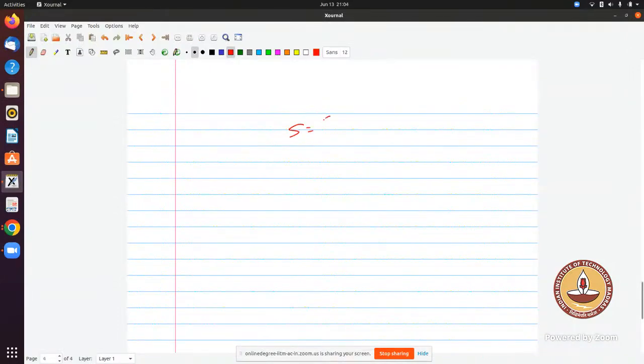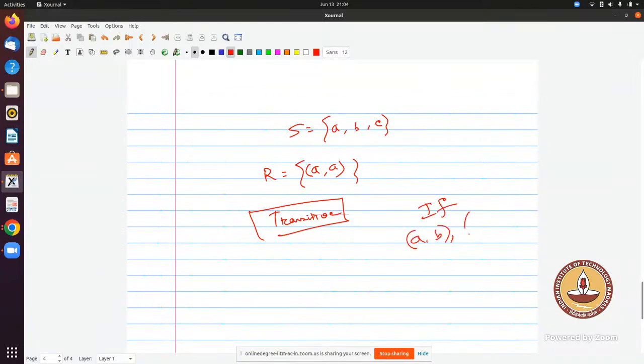Suppose your set is this, and your relation is just this. Is it transitive? Yes, sir, it is transitive. What is the transitive relation saying? If two such pairs exist, then we have to check for this.